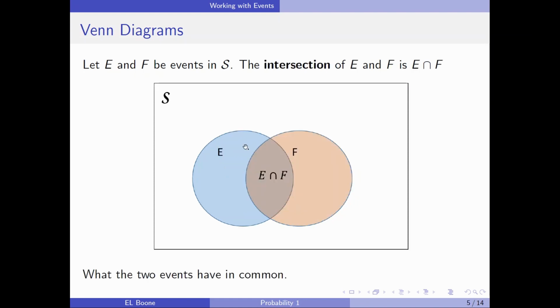Well, if we overlap these two events, E and F, then where they overlap, this section in the middle, is called the intersection of E and F. And we denote it with this upside down U. This stands for E intersect F, and it's what the two events have in common. So often we'll have more than one event, and sometimes they'll have something in common. We'll talk about this more as we go along, but first we need to establish the idea. It's what they have in common.